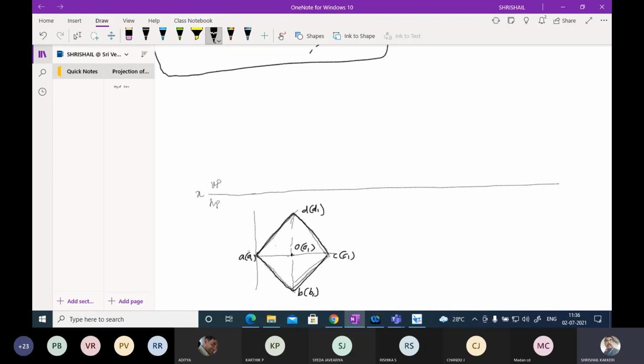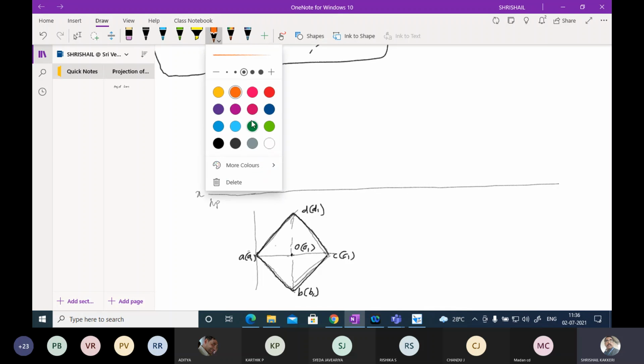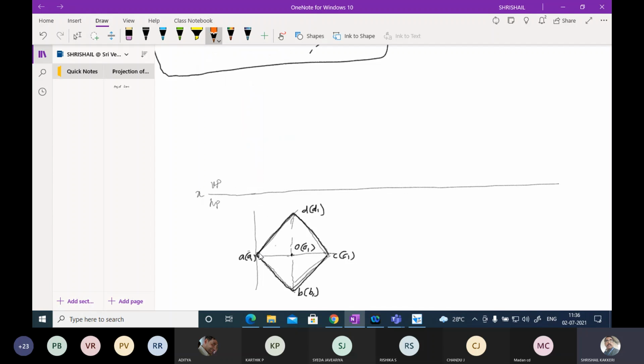Now let me project these lines, by using the thin lines. I have projected here.